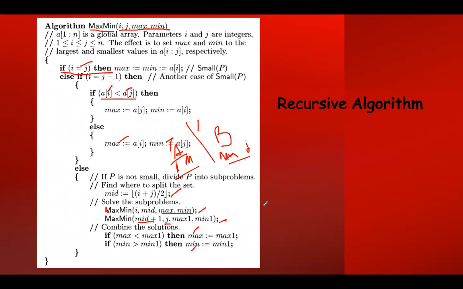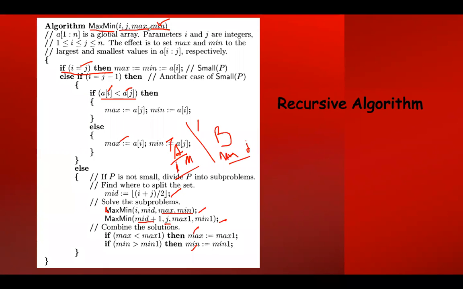Okay, there is a question. Before max and min are compared and filled, what will be its value? That is, when you are calling here, what will be its value? What should be its value before you call this algorithm? I'm asking all, what should be its value before you call here? I is the first element, j is the last element.